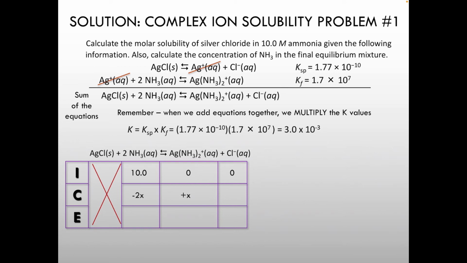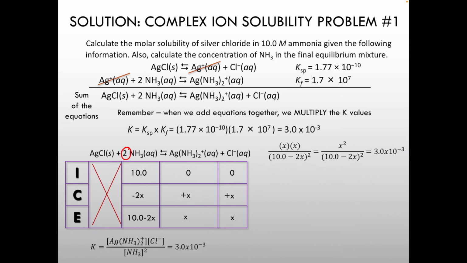We're going to go minus 2x because of this 2 up here, and then plus x for both of them on the right, and then we'll add that straight down, just like we normally do. Then we can plug it into our K expression. Again, we're going to have the products over reactants. Nothing has changed. We're going to raise it to the power of our coefficients, and we can plug things in.